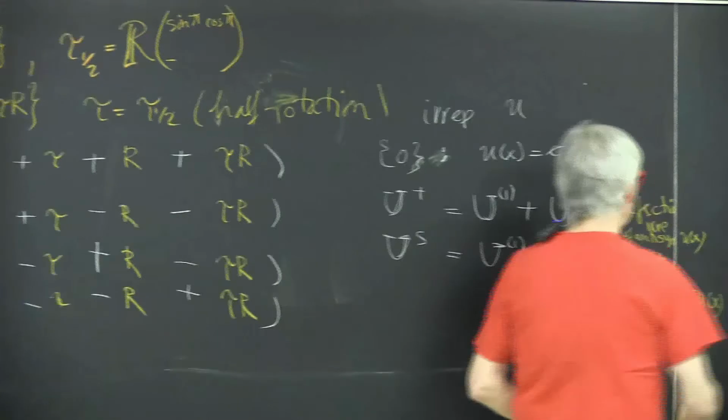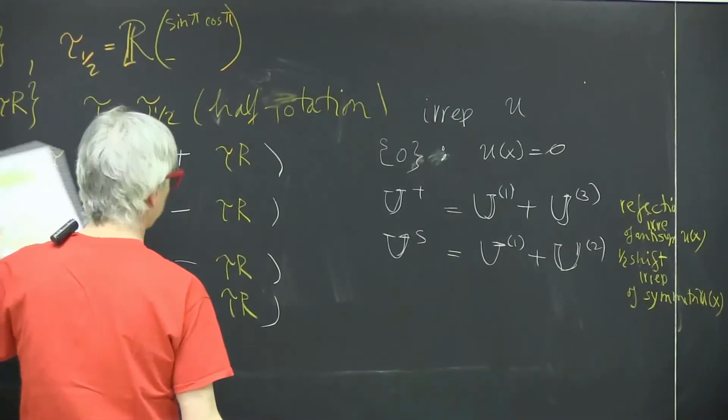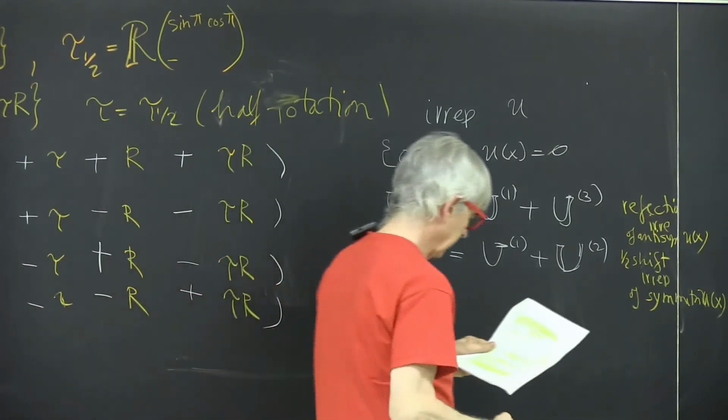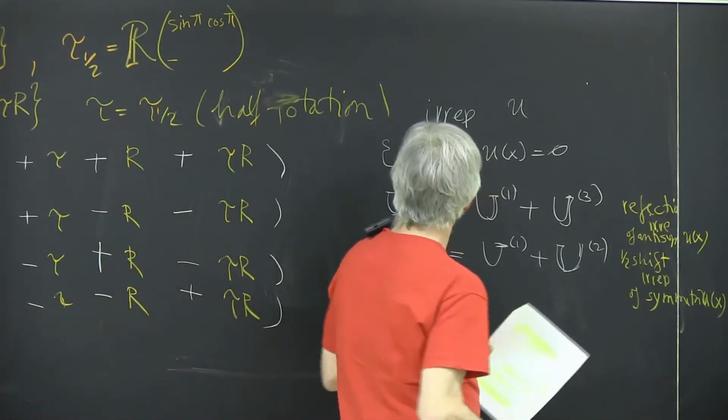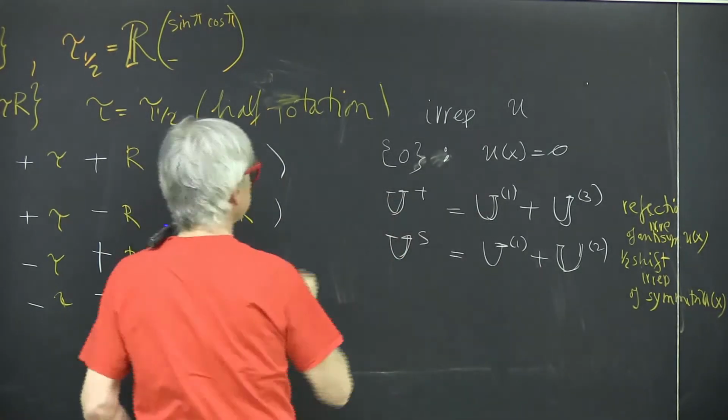If you remember, we had already decomposed the space into symmetric and antisymmetric before we started looking at the subgroups. And these guys are flow invariant. So this is a big deal.